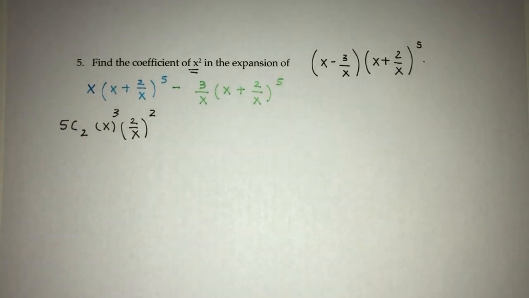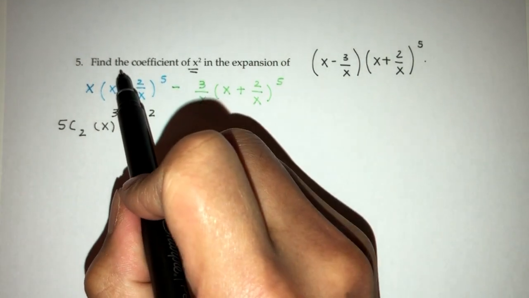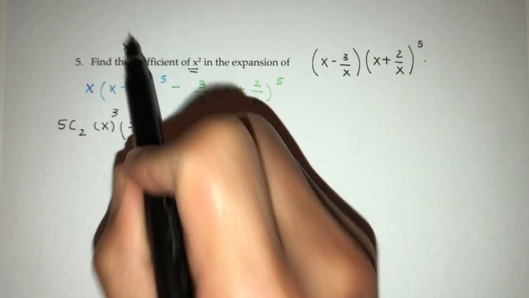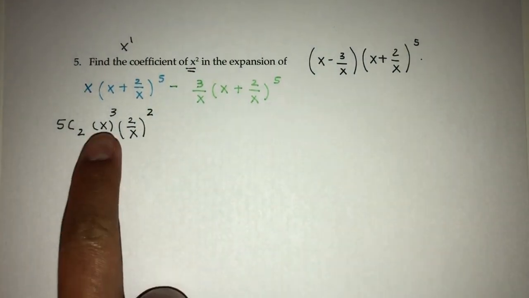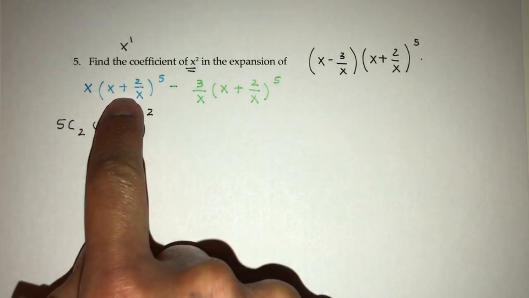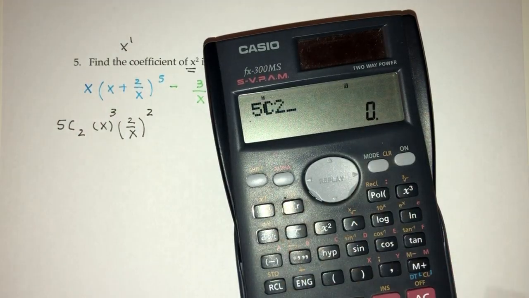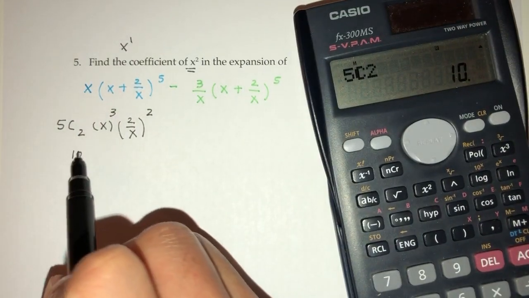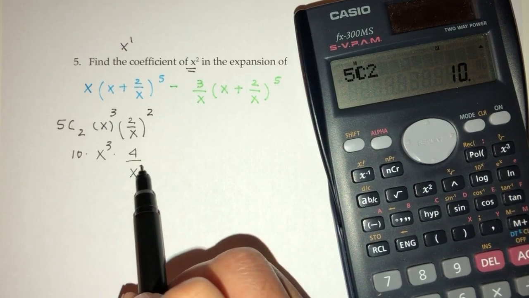How does that make sense? Because we need power of x, 1, so we need something with x power 1 inside, so when you expand you will have something in x squared. So by choosing this to be 3 and choosing this to be 2, we will get something with x power 1 inside. So 5 choose 2 becomes 10, x power 3, times 4 over x power 2.